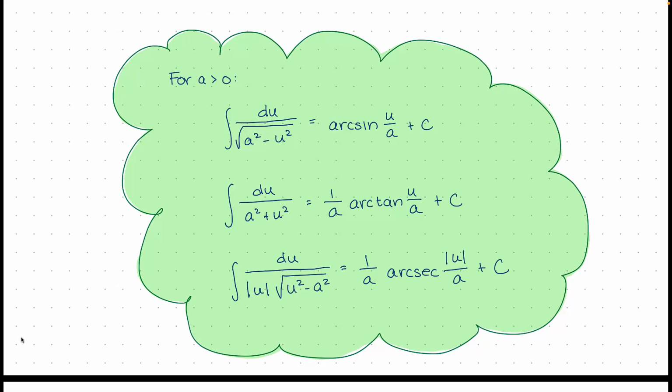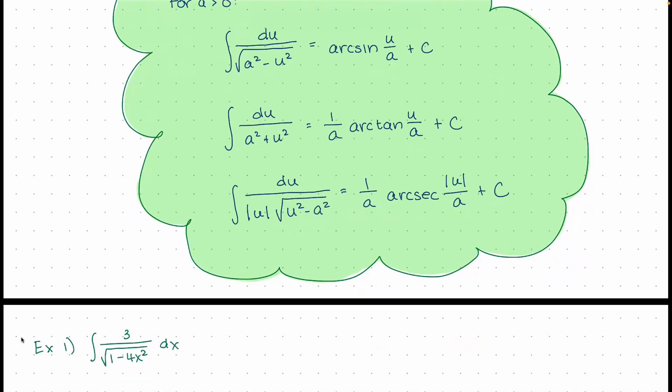I'm going to put a little note here: this formula works even when there is no absolute value in the integrand, but we always need the absolute value in the answer.